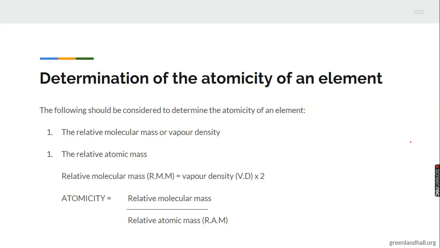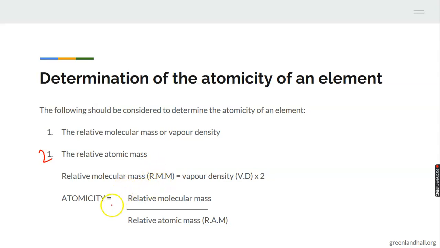So now we want to determine the atomicity of elements. How can we do that? We have to follow all these steps I made mention of here. The first one is that you have to know the relative molecular mass or vapor density. And the second one is that you have to know the relative atomic mass.